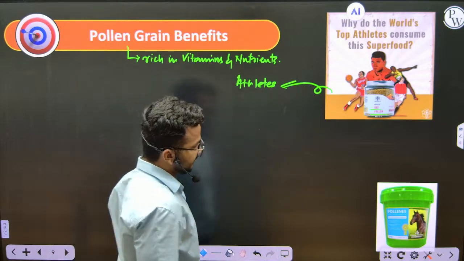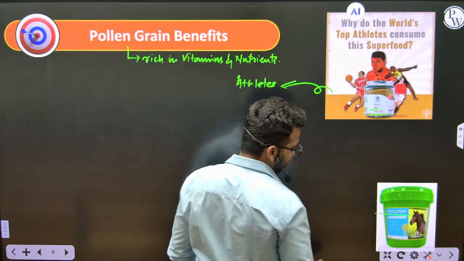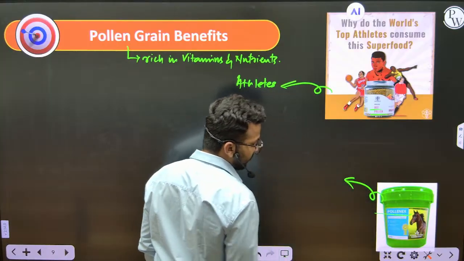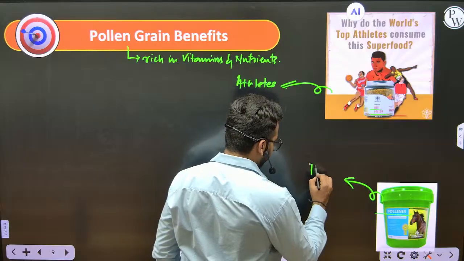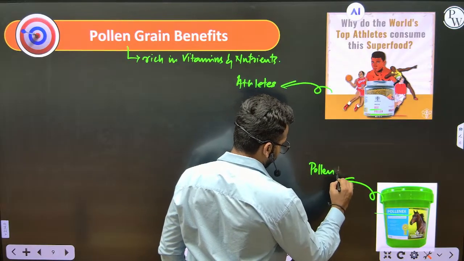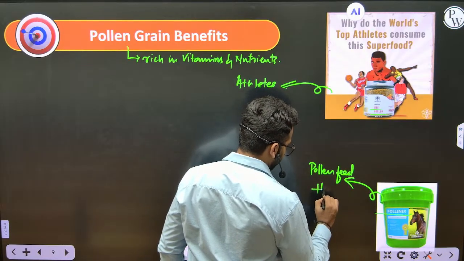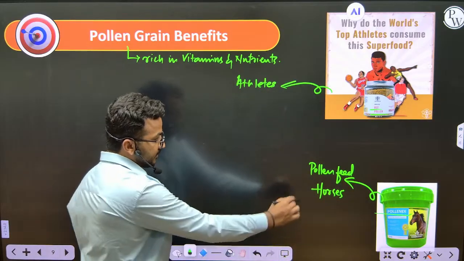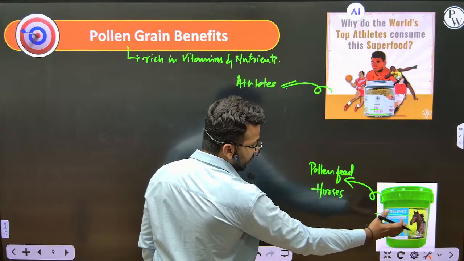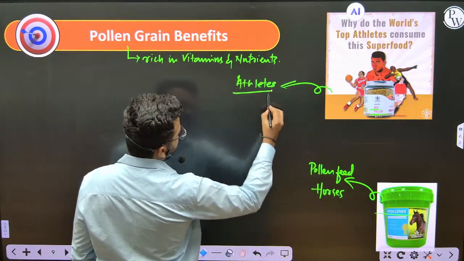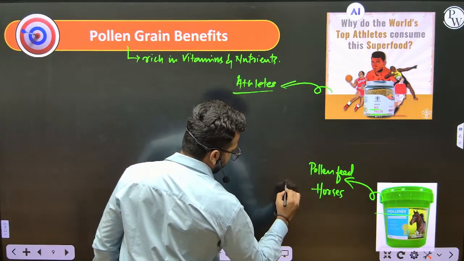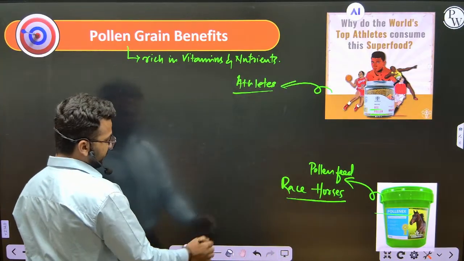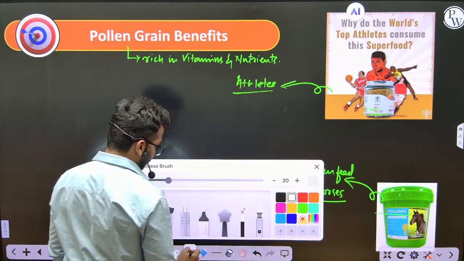Not only athletes, even race horses. You can see the pollen feed, a bee pollen feed for the horses. We feed it to race horses also, and it will enhance the performance here.